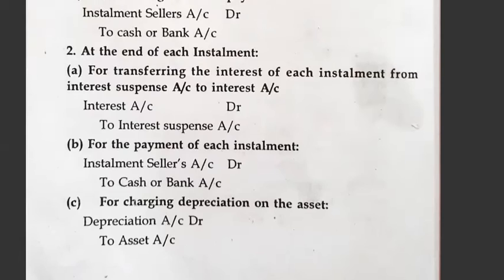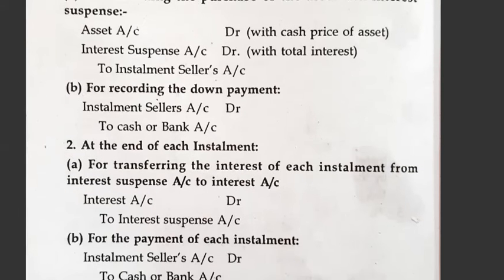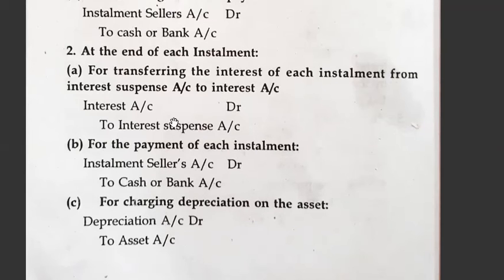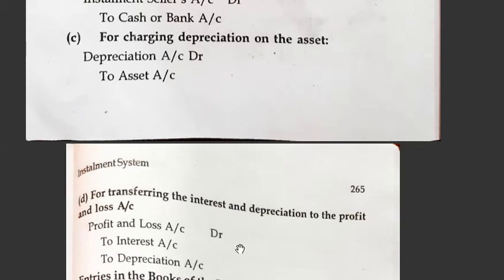So in the books of the purchaser, the first two entries are on the date of purchase, and the four entries will repeat every installment: the interest entry, the installment paid entry, the depreciation entry, and the transfer of interest and depreciation to the profit and loss account.